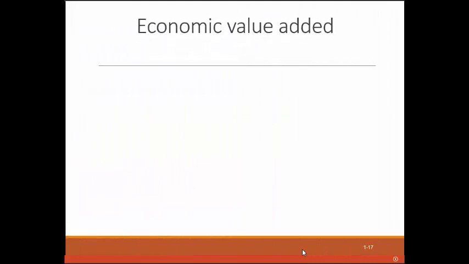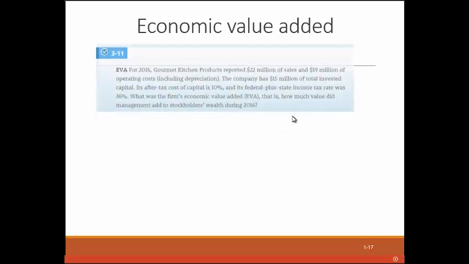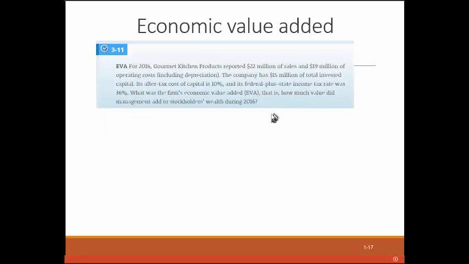Now, let's take a look at the concept of economic value added. Economic value added is another measure of income or an increase in shareholders' wealth as a result of running the business. So let's take a look at problem 3-11 from the back of your chapter. For 2016, Gourmet Kitchen Products reported $22 million of sales and $19 million of operating costs, including depreciation.